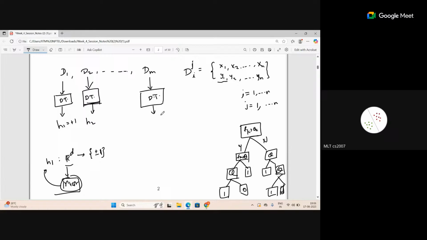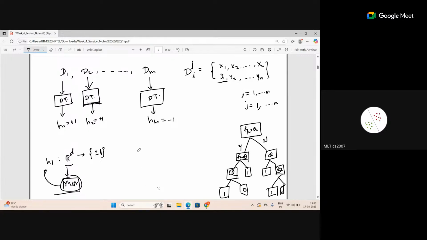And you take, let's say, HM. So you get H1, H2, to HM. This will also give me plus one. Let's say this gives me the label minus one in this case, and in between you also get some labels.